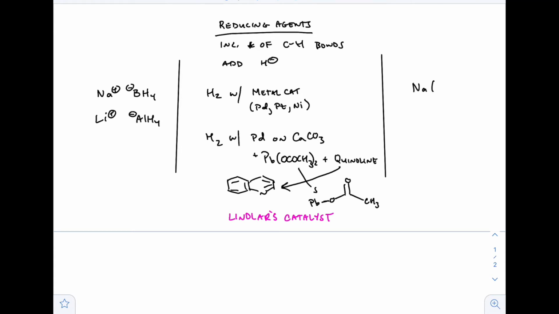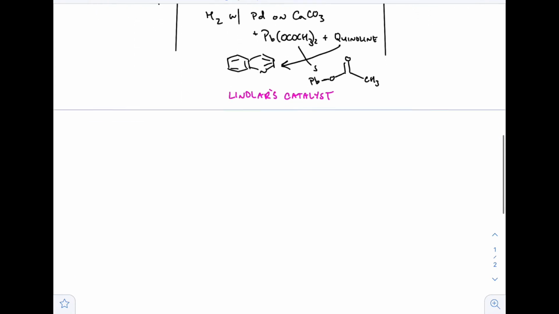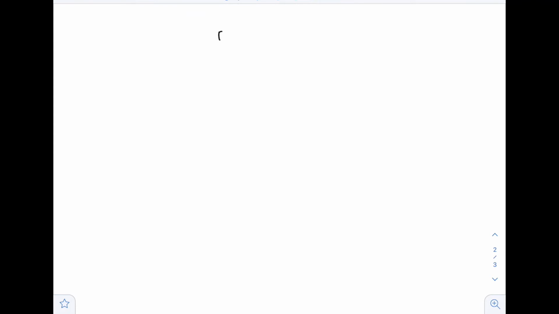Now the last category, like I said, is using sodium metal and ammonia, NH3. I don't want you to confuse this for NaNH2, which was sodium amide, a super strong base, right? So Na metal and NH3 ammonia.